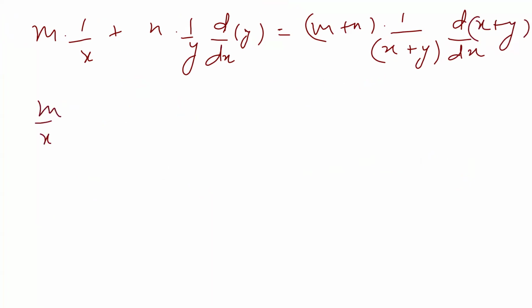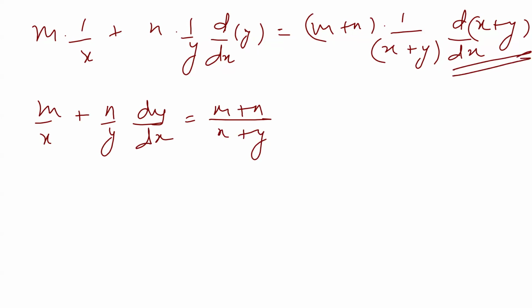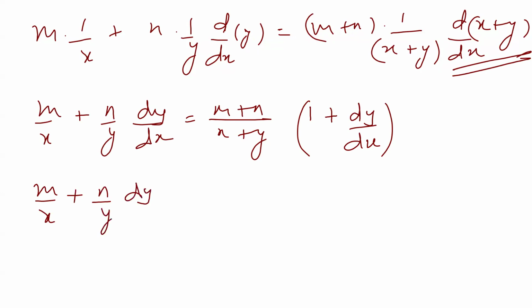So m by x plus n by y dy by dx is equal to m plus n upon x plus y d by dx of x plus y. D by dx of x is 1, d by dx of y is dy by dx. Put a bracket. So m by x plus n by y dy by dx.